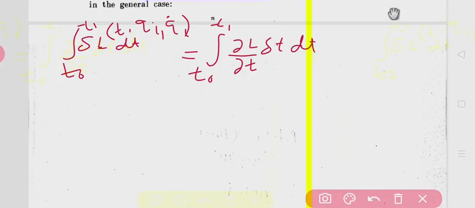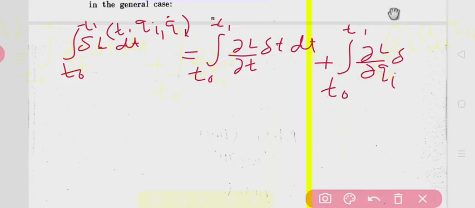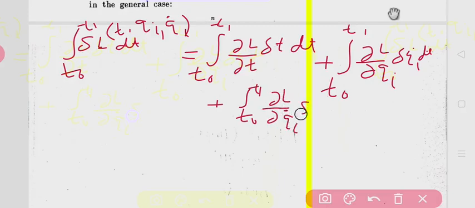Plus, here i is varying from 1 to n, so the integral from t0 alpha to t1 alpha of curl L over curl qi into delta qi dt, plus curl L over curl qi dot into delta qi dot dt. These will be the terms.